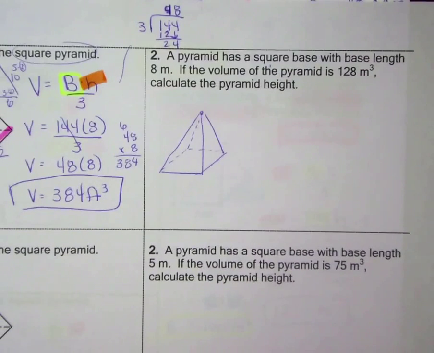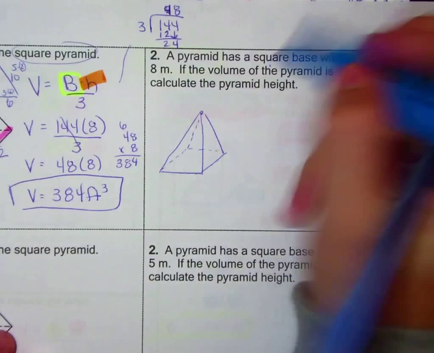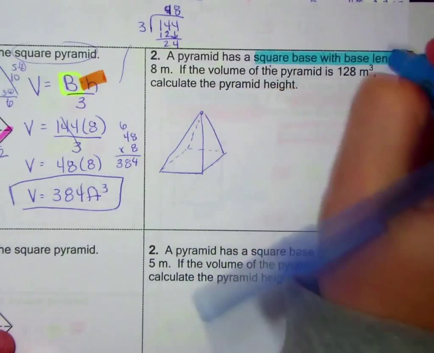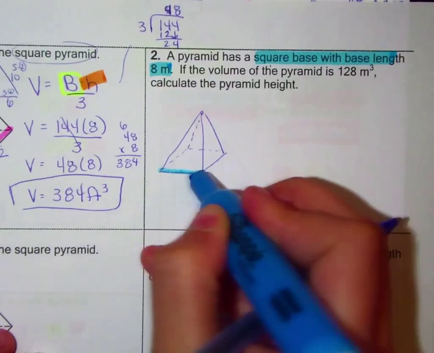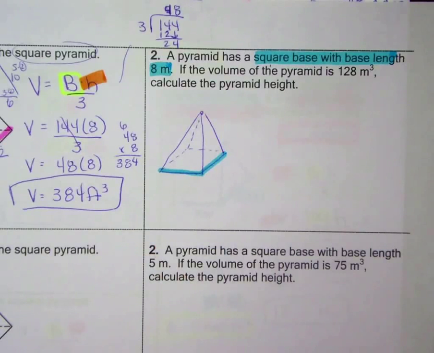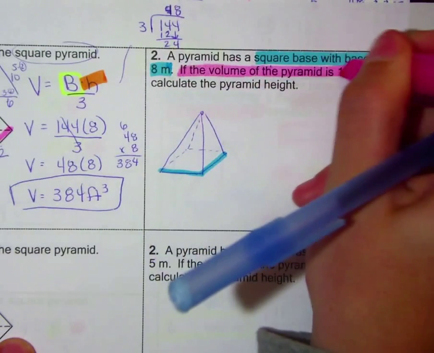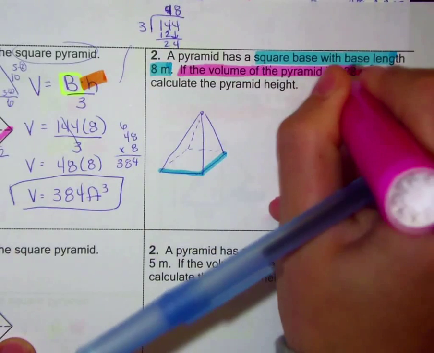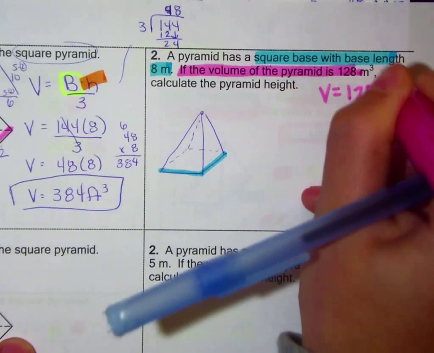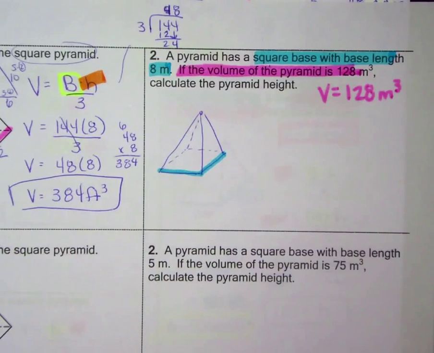Okay, so the pyramid has a square base with base length of 8 meters, right? So that means that these are 8. Okay, moving on. The volume of the pyramid is 128 meters squared. So the volume, right, equals 128 meters cubed.